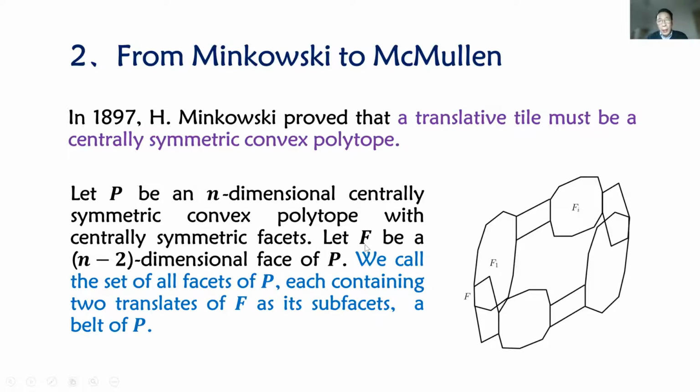In particular, if F is an (n-2)-dimensional face of P, like here in three dimensions where F is a segment, then we call the set of all facets of P, each containing two translates of F as a subfacet, a belt of P. For example, F1 contains F here and a translate here, and so does this one.